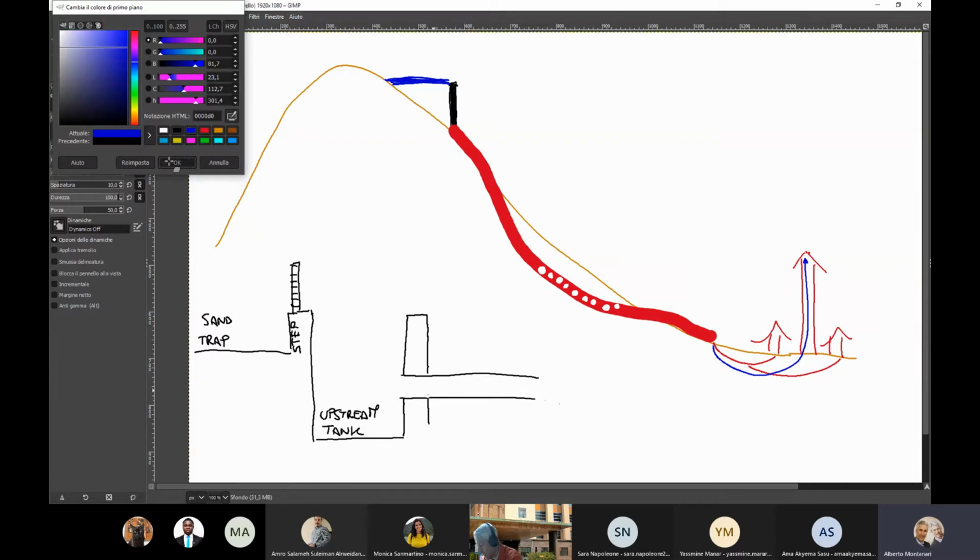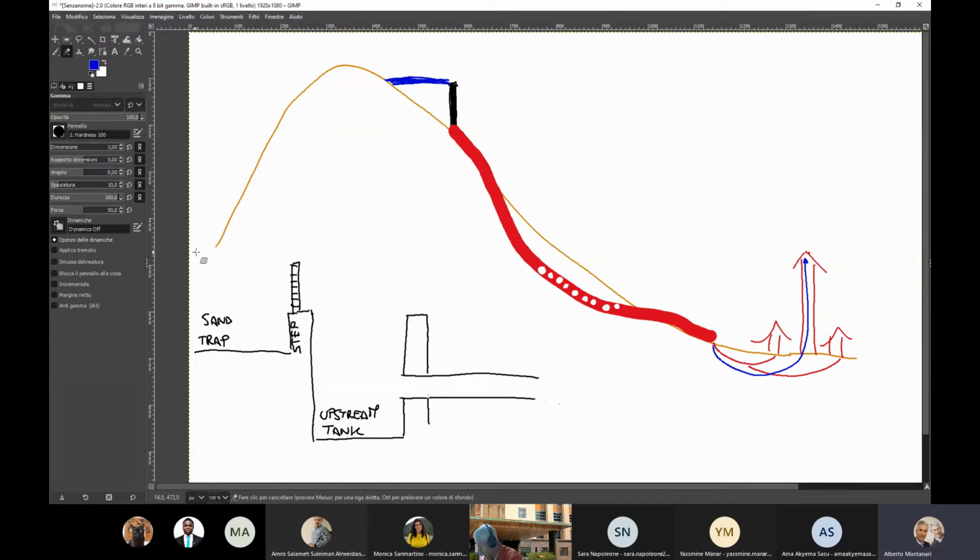Water is coming from the sand trap and goes into the upstream tank. Let's suppose that the water level in the upstream tank is here. So here you have some turbulence, water flowing into the upstream tank, and then water goes down along the pipe.